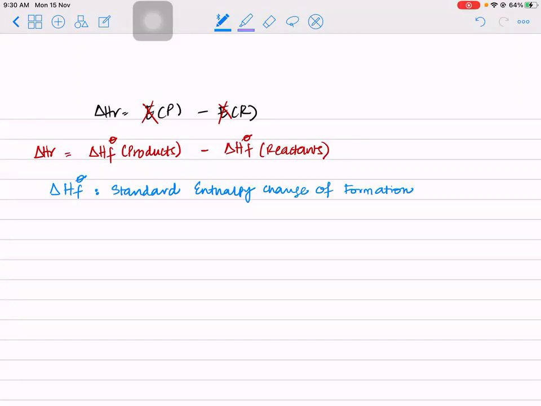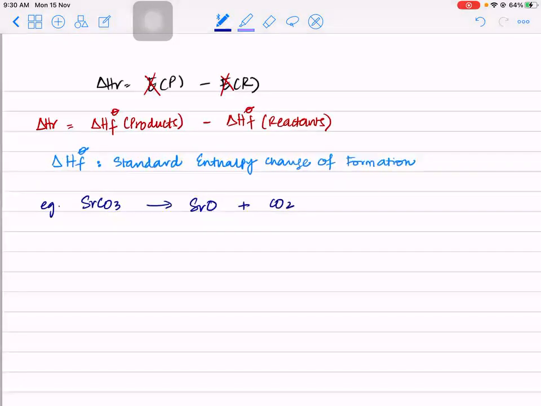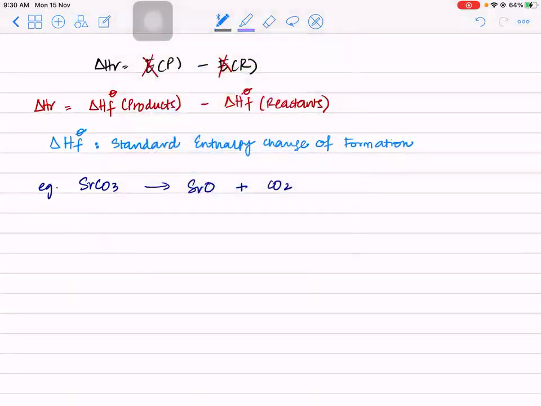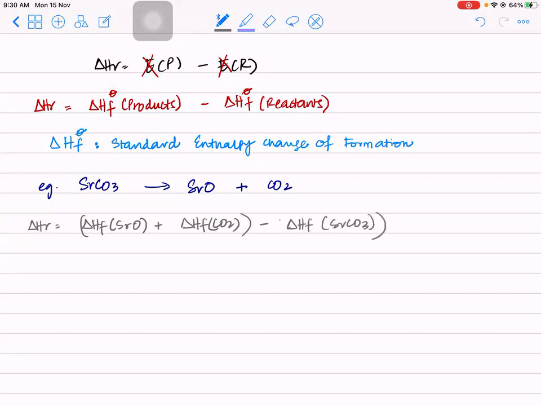So let's take an example now. If we have a reaction where strontium carbonate decomposes into strontium oxide plus carbon dioxide, and we have to find the delta HR, what will we say? It will be formation of SrO, or strontium oxide, plus formation of carbon dioxide, minus formation of the reactant, which is strontium carbonate.